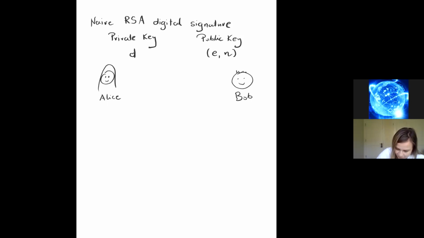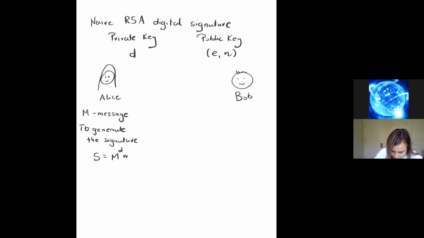Let's say that we have a message M. To generate the signature for message M, Alice computes the signature as M to the power D modulo N. The message, of course, is represented as a number.